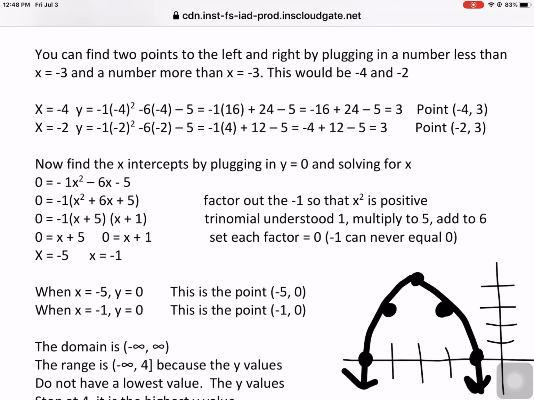Now find the x-intercepts by plugging in y equals 0 and solving for x. 0 equals -1 x squared minus 6x minus 5. Okay, that -1 in front of the x squared makes it nasty. So what we're going to do is factor the -1 out so that we get x squared as positive.